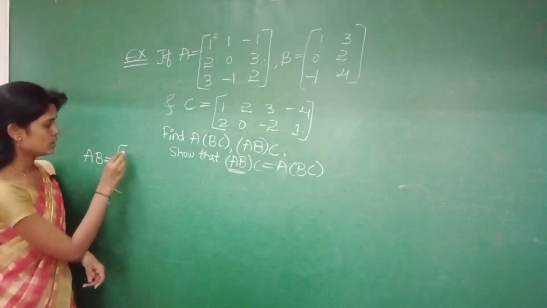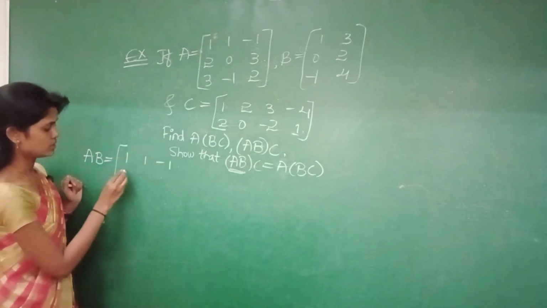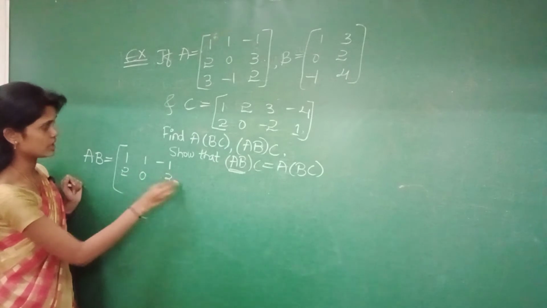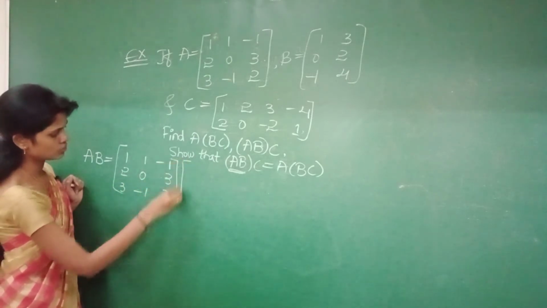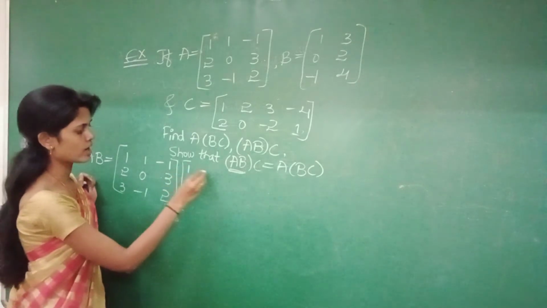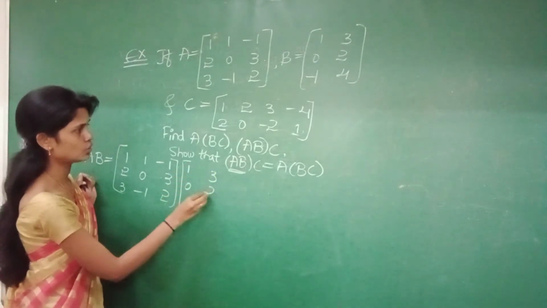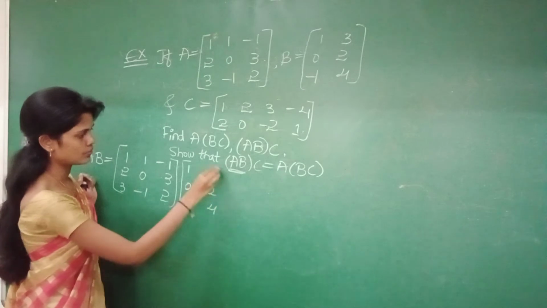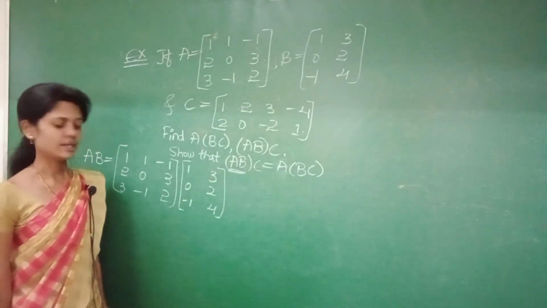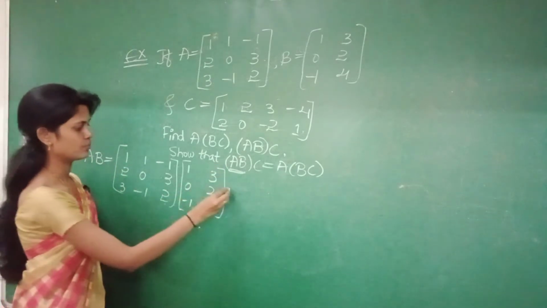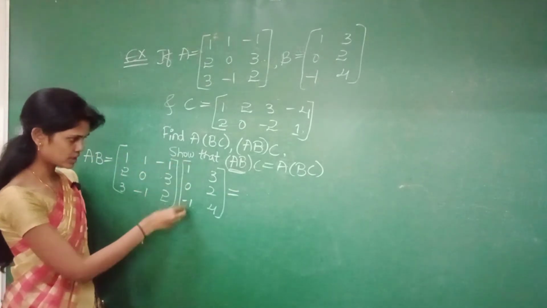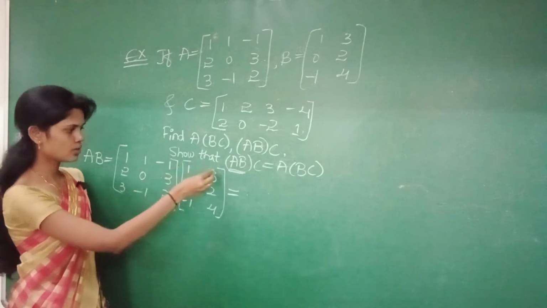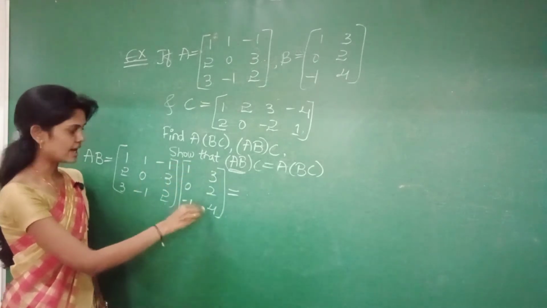So write down [1, 1, minus 1; 2, 0, 3; 3, minus 1, 2] into the matrix B [1, 3; 0, 2; minus 1, 4]. Then the multiplication of these two, how are you going to take that? First row, first column, first row, second column, like that you have to take.